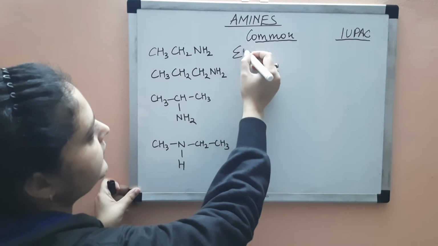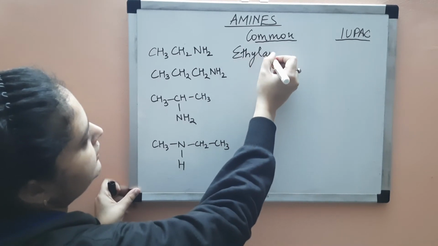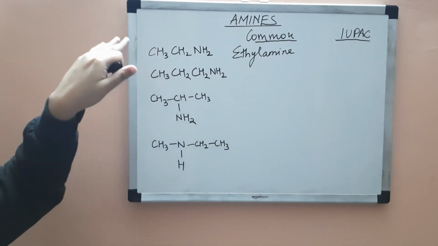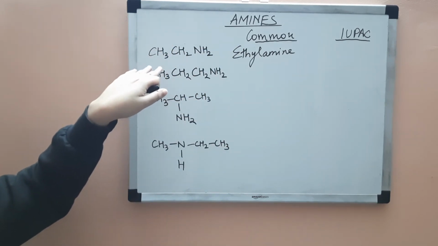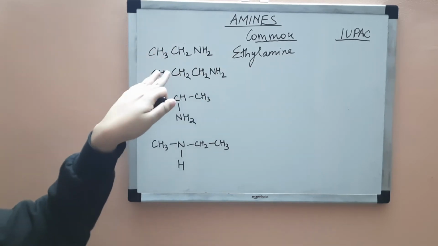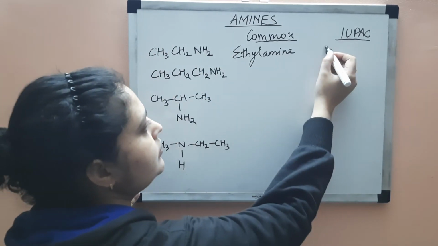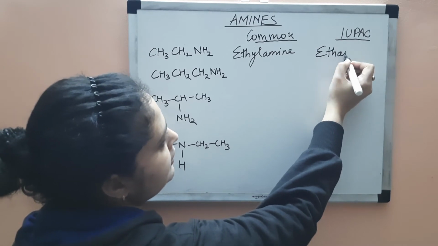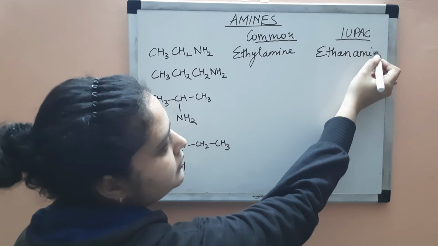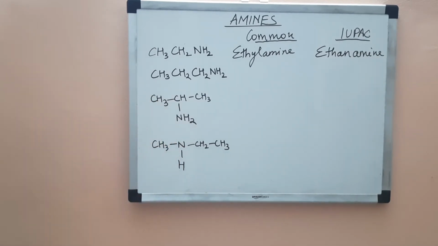And in IUPAC, the ethane group will be named ethane amine, and the E of ethane will be dropped. Here E will not be written and amine will be written. So it will be ethane amine according to IUPAC nomenclature.